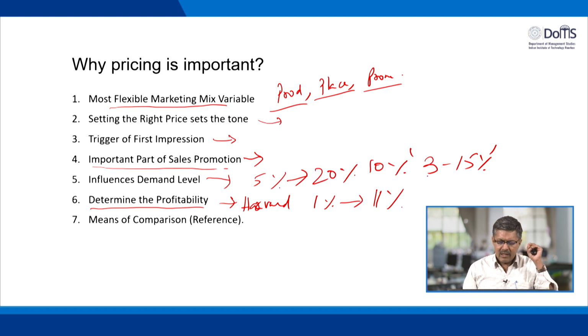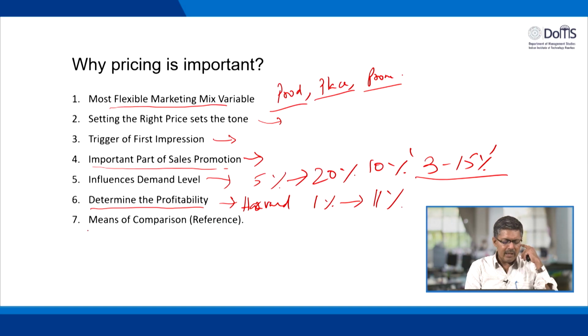Just imagine the case where Hindustan Unilever Limited has increased prices from 3 to 15% on various products. Some 1, some 3, some 4, some 5, some 15. If we assume that Hindustan Unilever maintains its demand constant, just as an assumption, then the profitability should skyrocket, should increase tremendously.